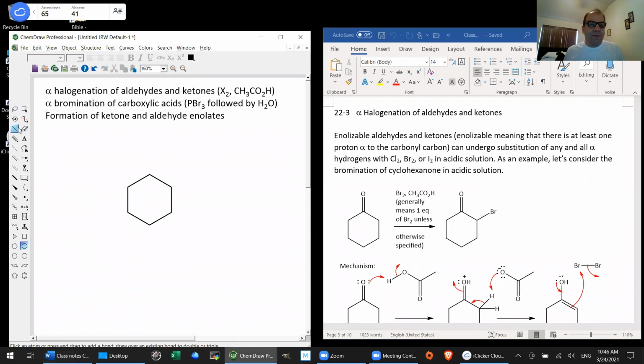The one that you'd get from excess bromine, I figure, would look a little something like this. But again, I'm just using cyclohexanone here as an example. Let's see.